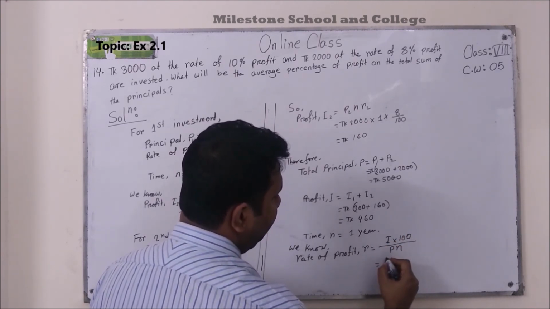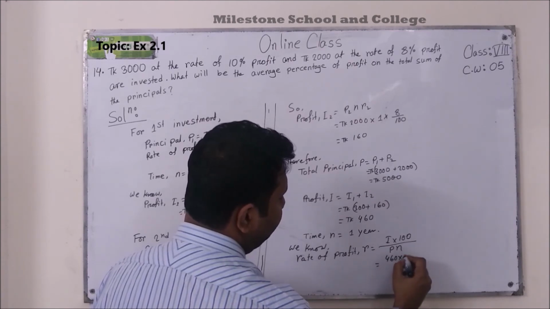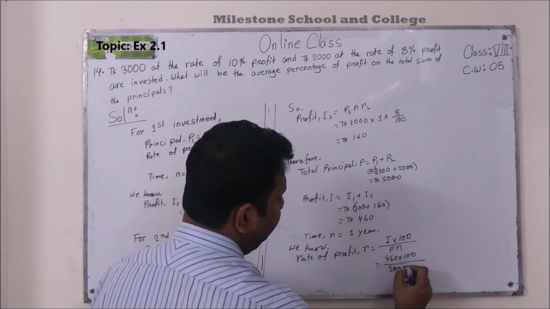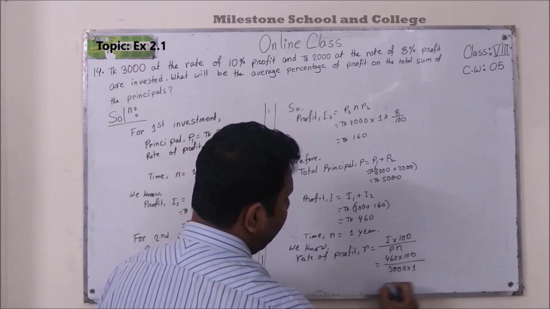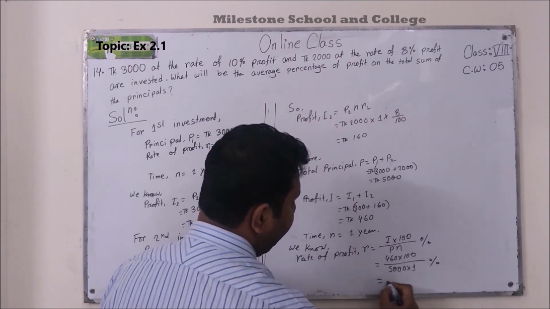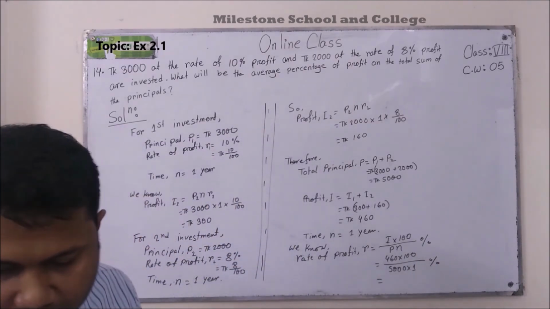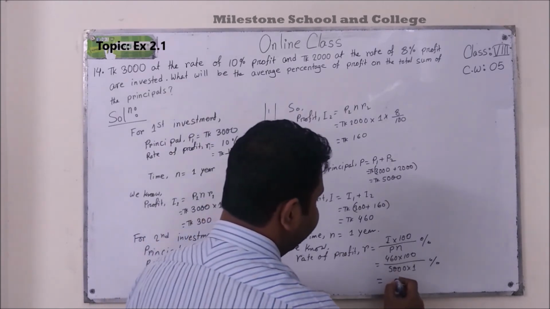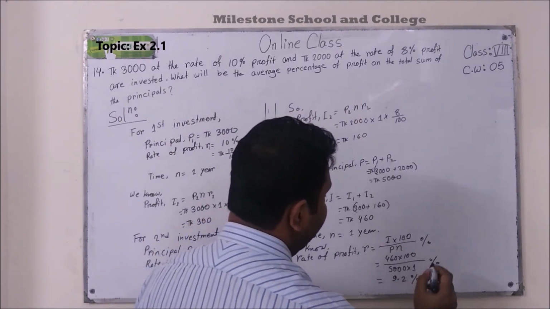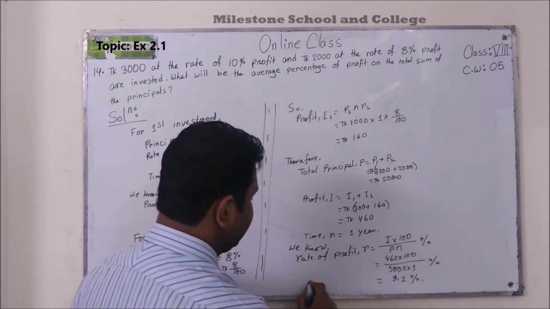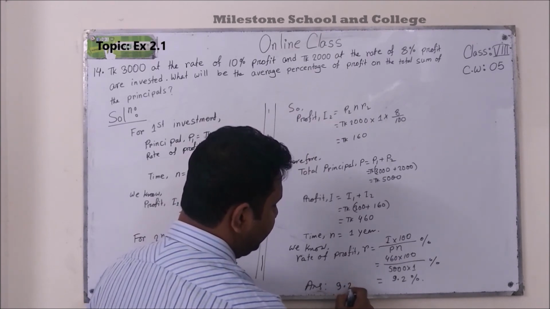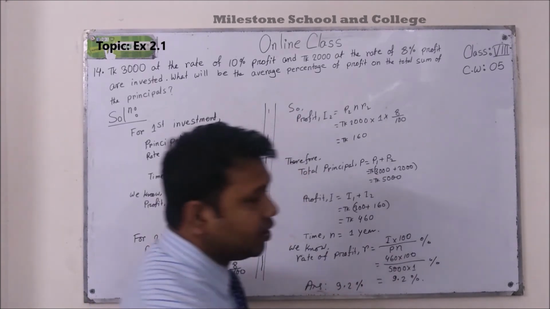If you put the value 460 into 100, by 5000, the principal, and time equal to 1, using the calculator we find 9.2. So 9.2%, that is our answer. So the answer: the average rate of profit is 9.2%. So this is the math.